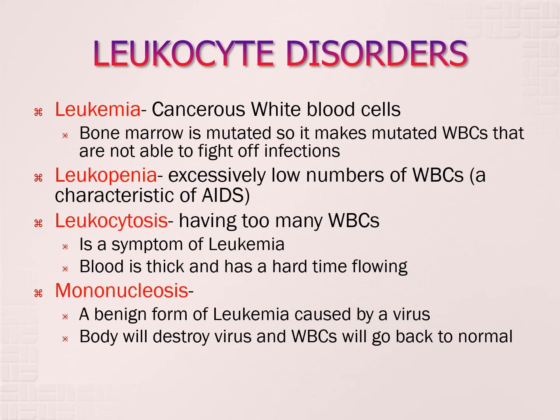Well, this virus attacks our bone marrow cells, and it causes our bone marrow to make incorrect white blood cells. Well, that's the definition of leukemia. The only difference is it is a virus. So our body will eventually get rid of that virus, and hopefully our bone marrow goes back to making the white blood cells that they're supposed to make.